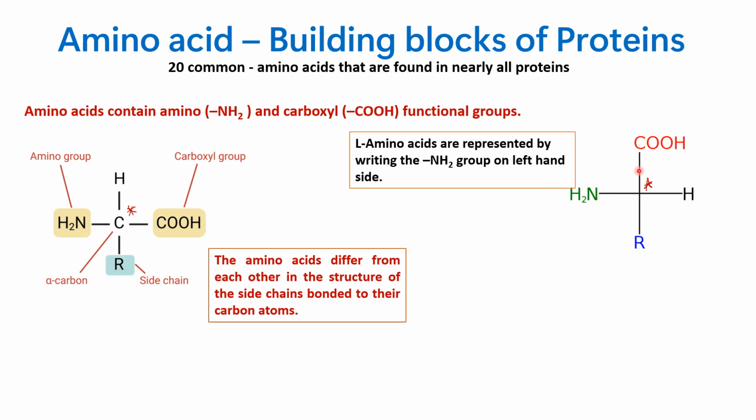Whenever we write a Fischer notation, the straight chain carbon is written in the vertical position and the other groups on the horizontal position. When the groups are on the horizontal position, the amine group is always written on the left hand side. So whenever you write the structure of an amino acid, we must remember we write the amine group on the left hand side.